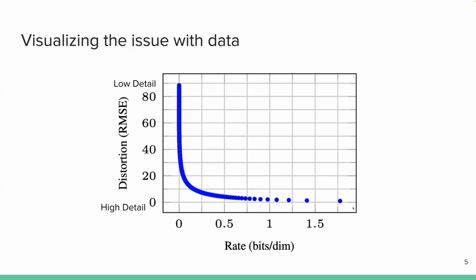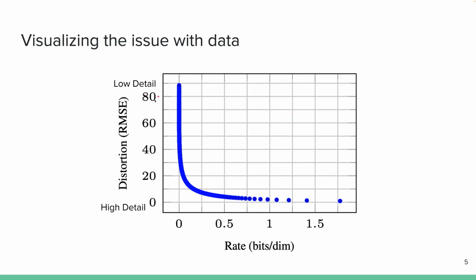So I want to visualize the issue with a graph. This graph is graphing the distortion, basically the quality of detail in the image, compared to the rate in bits per dimension of a standard diffusion model trained on the CIFAR-100 data set.